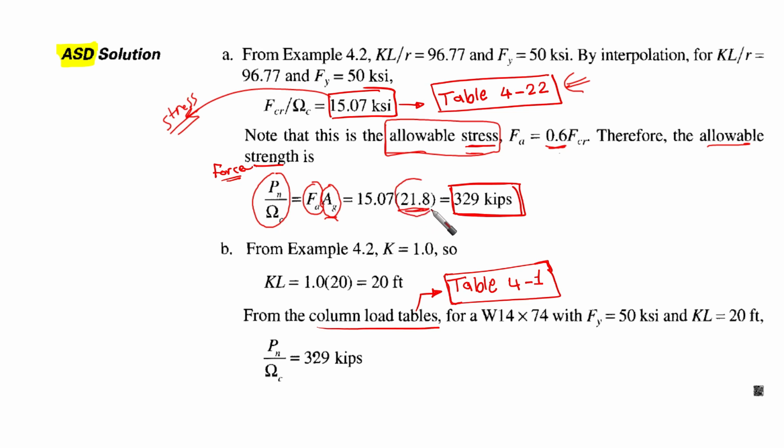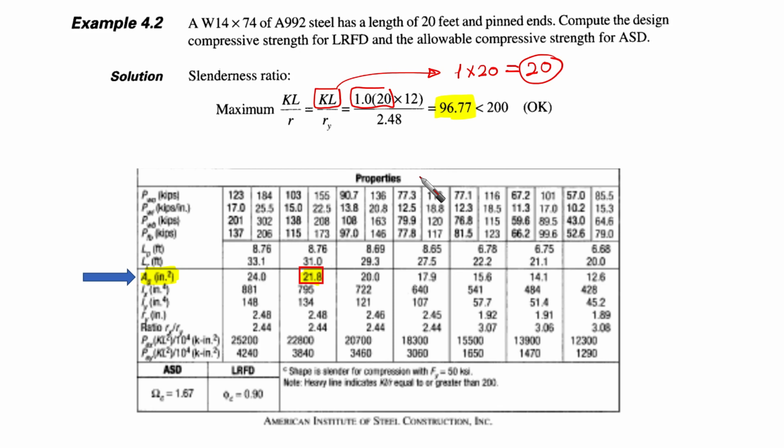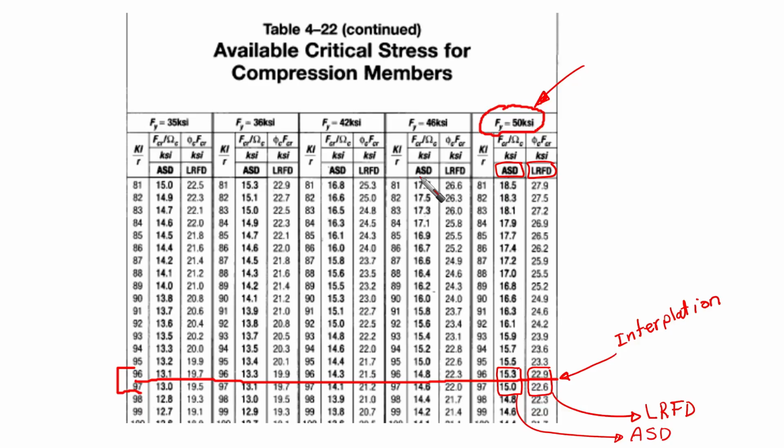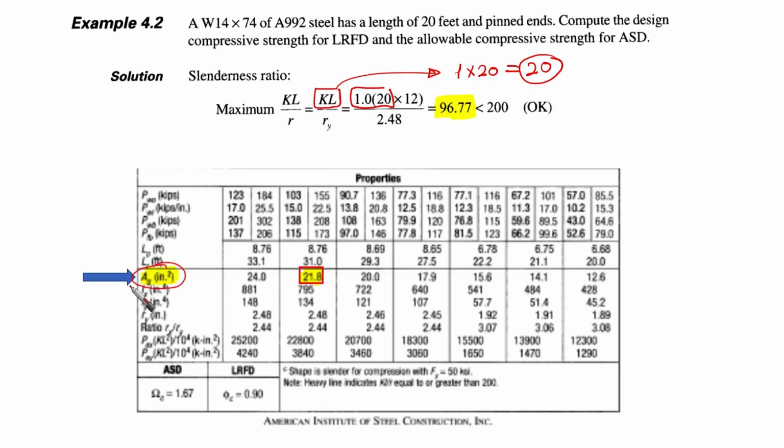Where can we obtain this? Exactly, from the dimensions and properties table. Please stop the video and go check it, or you can obtain it easily from the 4-1 table as we mentioned before. This is the gross area, and you are going to find the value, which is 21.8.